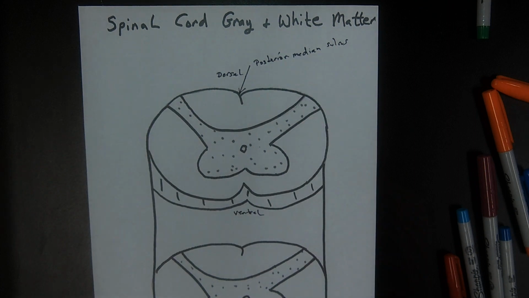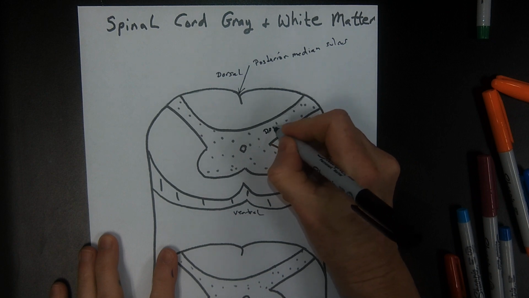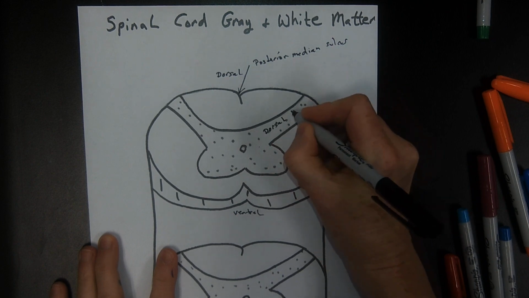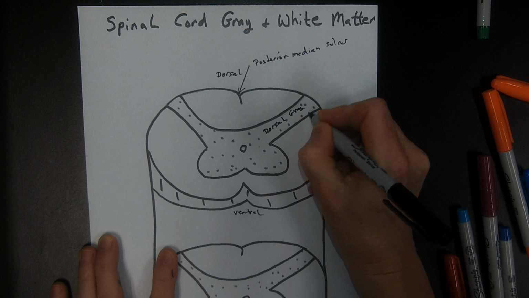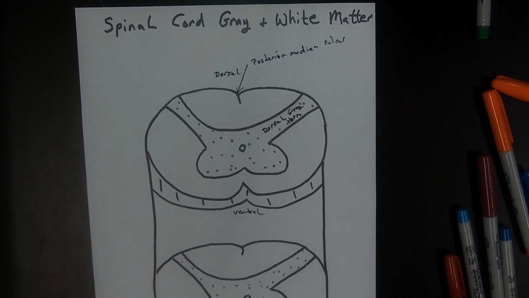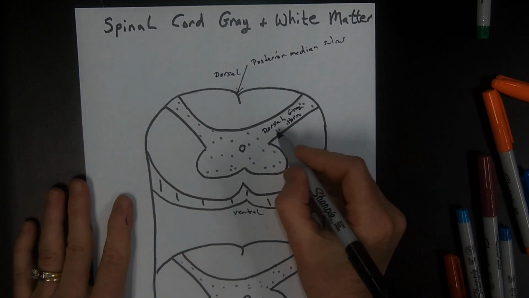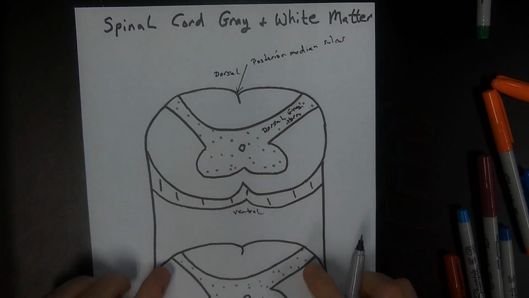This is called your dorsal gray horn. That's going to be responsible for receiving somatosensory information. So that's your dorsal gray horn there, the part that actually touches, and both sides are the same.